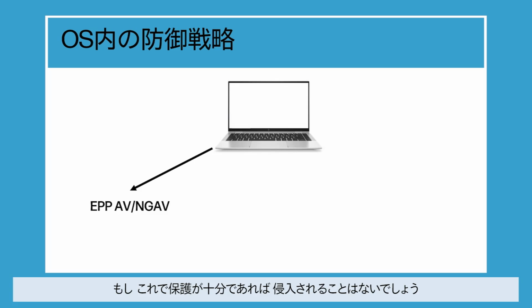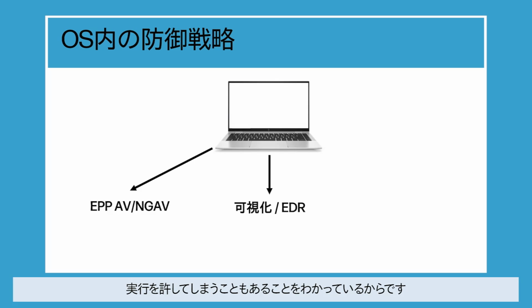But if protection was good enough, then we would have no more breaches. But it's not. So we know that sometimes AV and NGAV will still allow malicious software to run. And this is where we feel that customers need a good visibility tool.